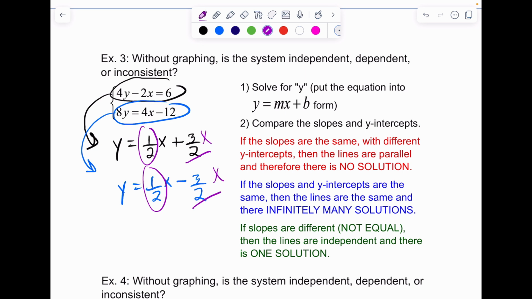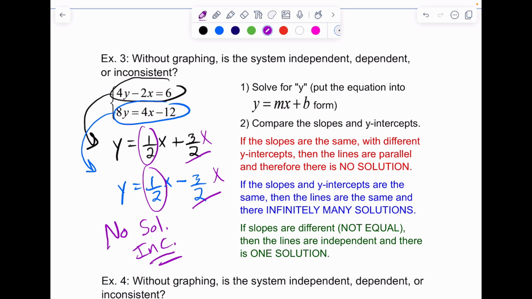So let's check out which one of these three categories it falls in. If the slopes are the same with different y-intercepts, then the lines are parallel, and therefore there is no solution. Here, the slopes are equal, the y-intercepts are different, so this is no solution. This is an inconsistent system.